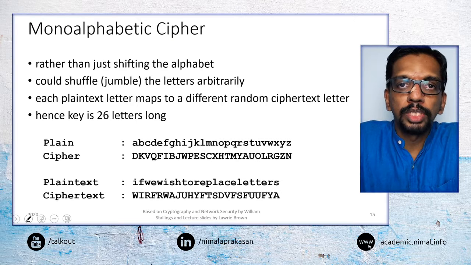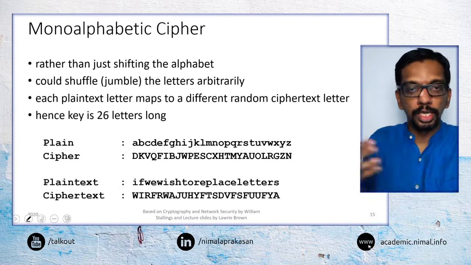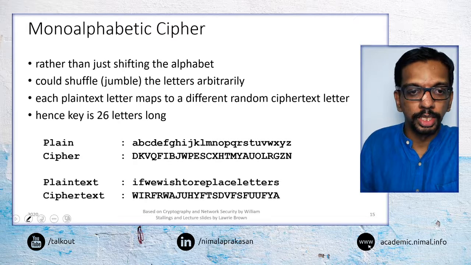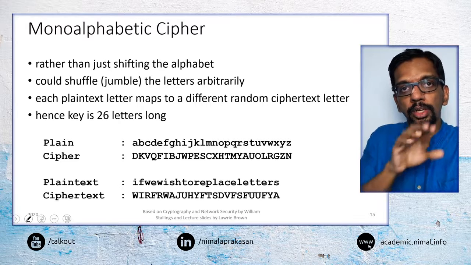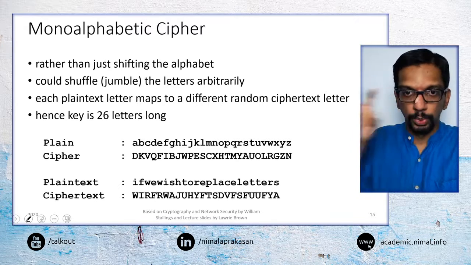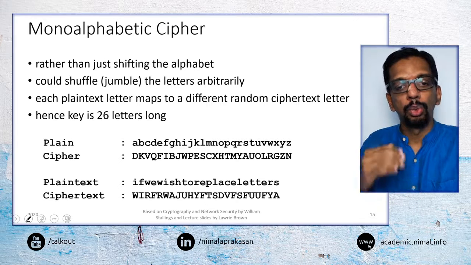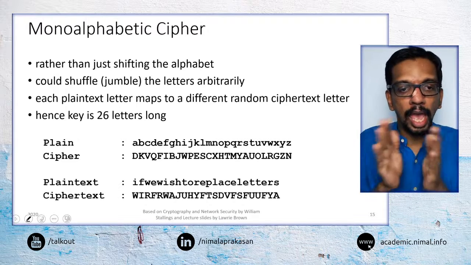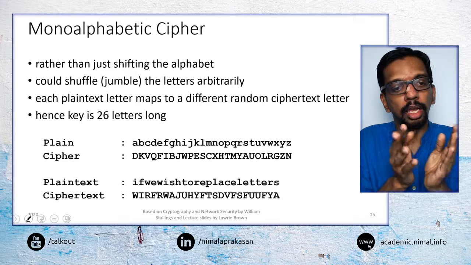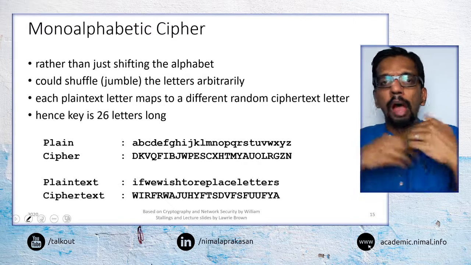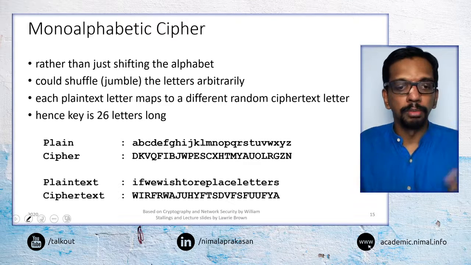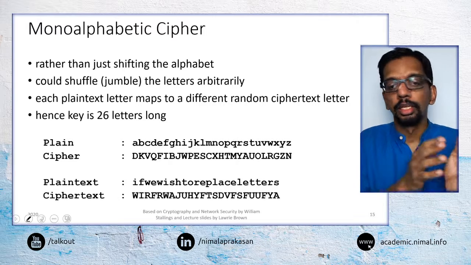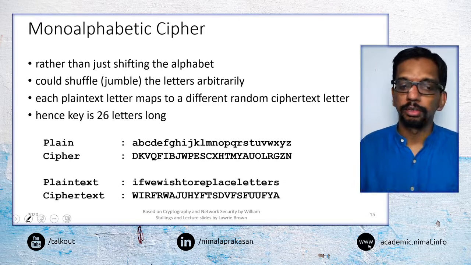An alternative to the Caesar cipher, still a substitution cipher where we substitute one letter with another letter, but instead of shifting along the alphabet, the key can be an arbitrarily random set of letters in random order. So the conversion would be random.